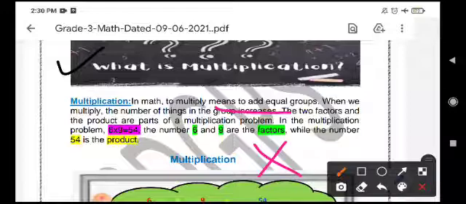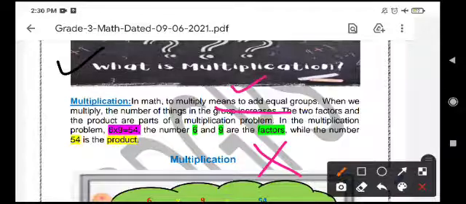Whenever you see the sign cross in mathematics, it means you are going to multiply. This is a question of multiplication. That is, in maths, multiplication is denoted by a cross. Why do we denote this by a cross? Because we have to find the product of 2 or more values.